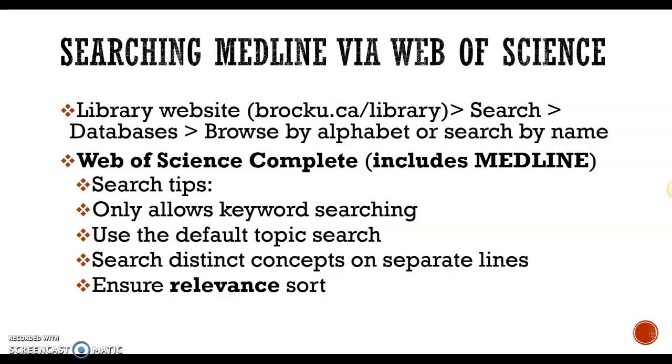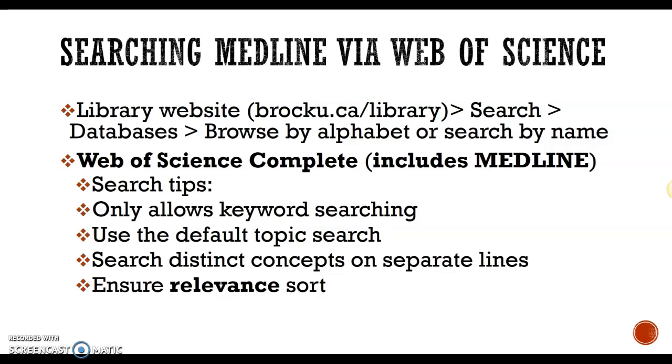Some search tips for the Web of Science. It only allows keyword searching, unlike some databases where you can use controlled vocabulary like subject headings. Most of the time, you'll be using the default topic search. That's the easiest way to retrieve relevant literature. Always ensure that you have your distinct search concepts on separate lines in the search boxes.